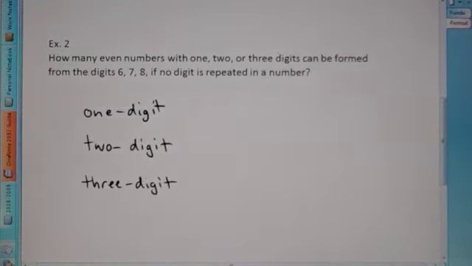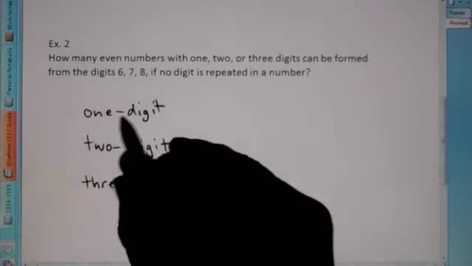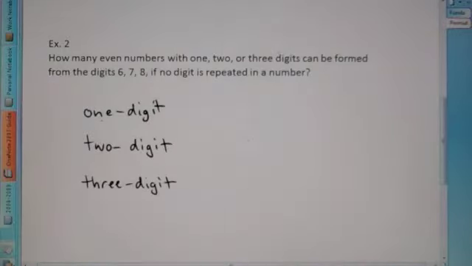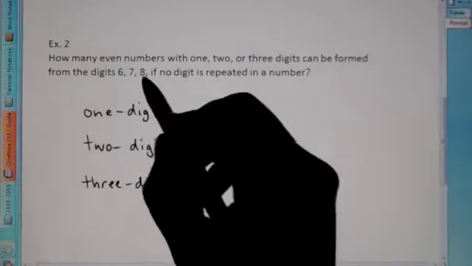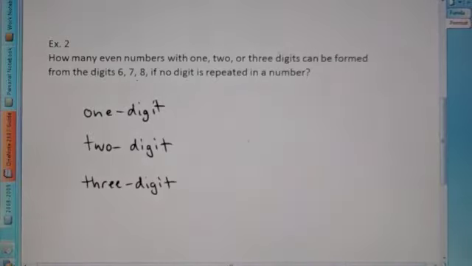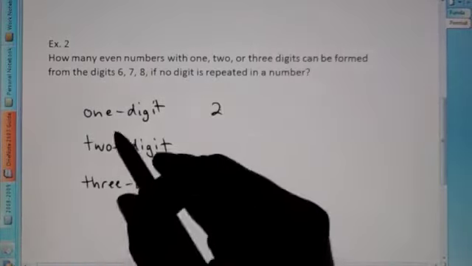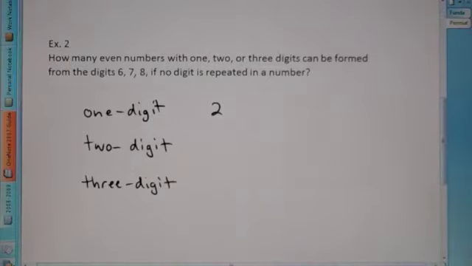So let's think about the number of permutations. How many different options for an even number if you're only given 1 digit? There's only 2 even numbers, 6 and 8, so there's 2 even 1-digit numbers.